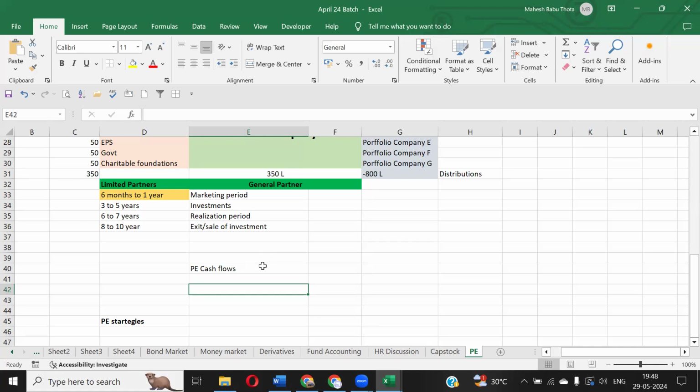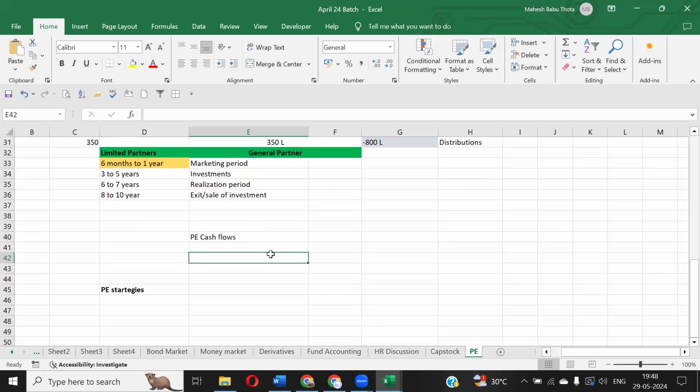That's what we discussed. And who is the limited partner? Who is the general partner? I'm asking who is the limited partner? Who is the limited partner?